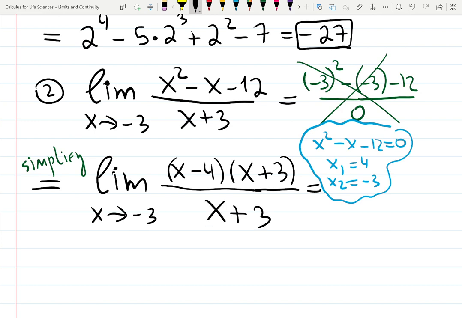Now, this is the key idea. x plus 3 was a troublemaker in the denominator because we were plugging in minus 3 and it gave us 0. This is our chance to get rid of the troublemaker, and that's the whole idea. But the tricky question: can we always cancel out things like this or not?